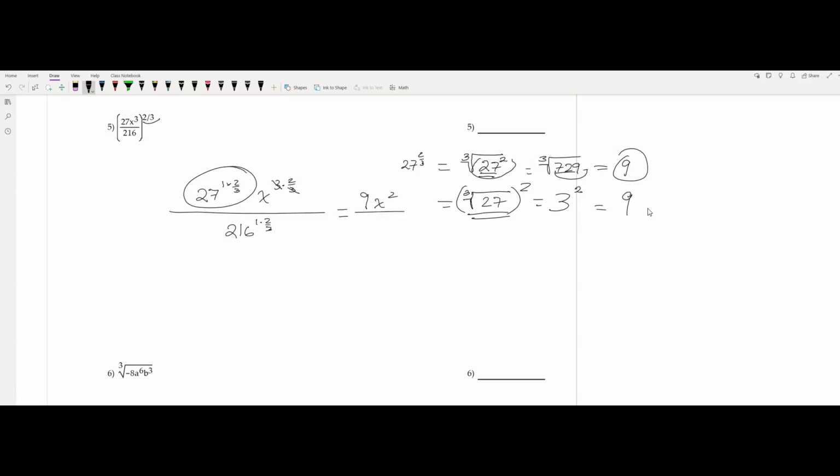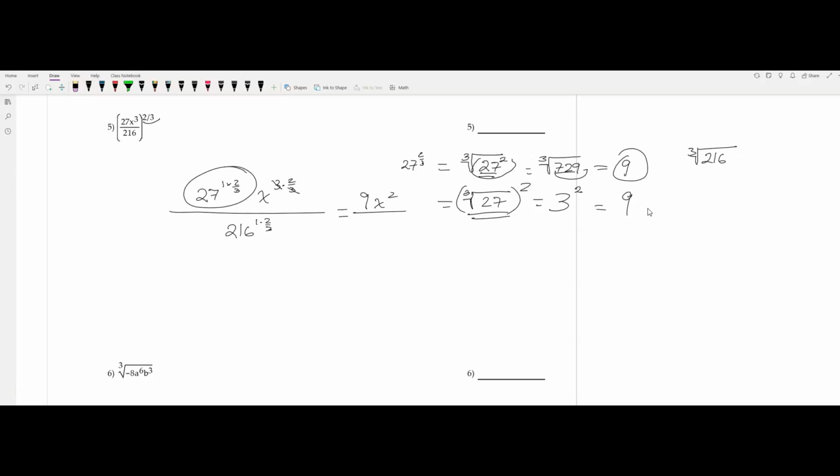So x squared. And then this is 216 to the power of 1 times 2/3. Same thing here: the cubic root of 216 to the power of 2. I don't want to do that because 216 to the power of 2 is going to give me a very large number that I'm pretty sure I'm not going to recognize as a perfect cube.